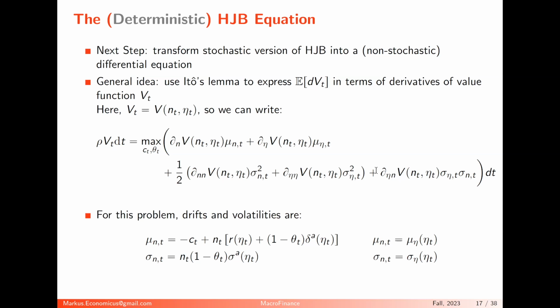The drift of your net worth is minus consumption, so the drift goes down. Remember, this is the arithmetic drift because n is in the subscript. Then you get the risk-free rate on the whole net worth, and then the risk premium on the risky holding. Theta you put in the risk-free asset, 1 minus theta in the risky asset. Those are portfolio shares.